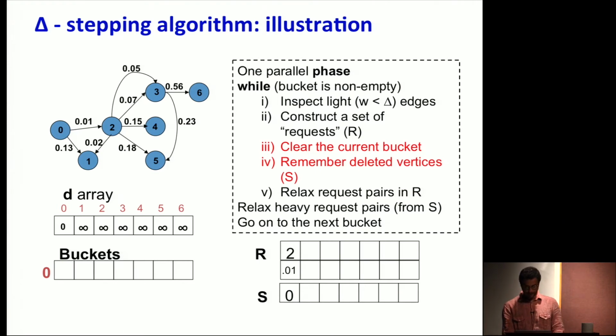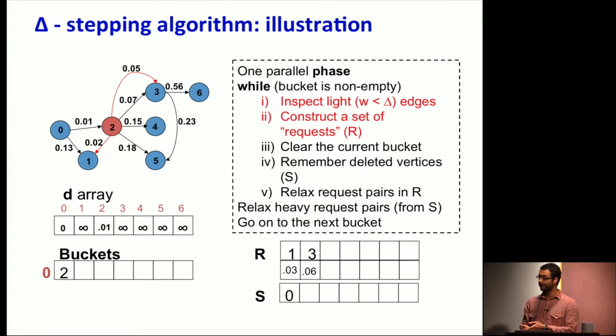and relax them, then clear the current bucket. Maybe another iteration is going to help. Now we're still in the zeroth bucket. The point is vertex 2 fell within the distance of delta, so we're still in the existing phase within the while loop. Now we're going to examine the neighbors of vertex 2, but only the light edges.